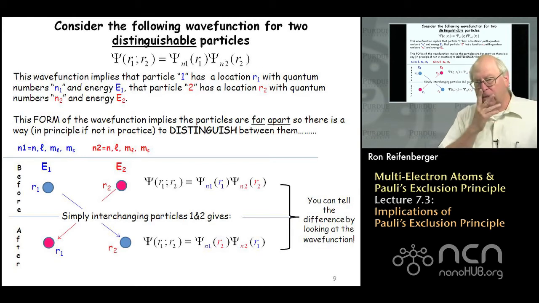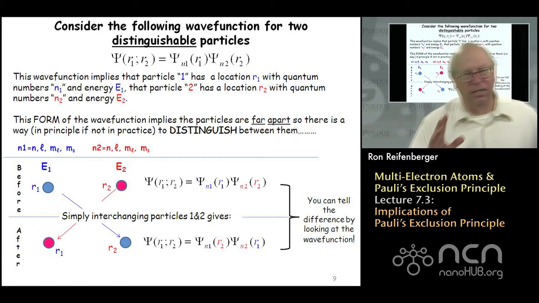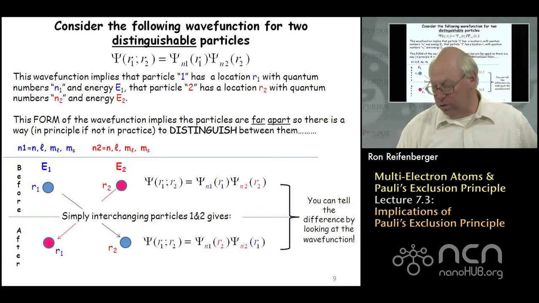Because the particles are distinguishable, you can tell the difference between this configuration and this configuration. The red is switched, the blue is switched. You can also tell the difference from the wave function. These wave functions are distinguishable one from another, and they accurately reflect the fact that the particles have been exchanged, one with respect to the other. So that's the case of the distinguishable particles.